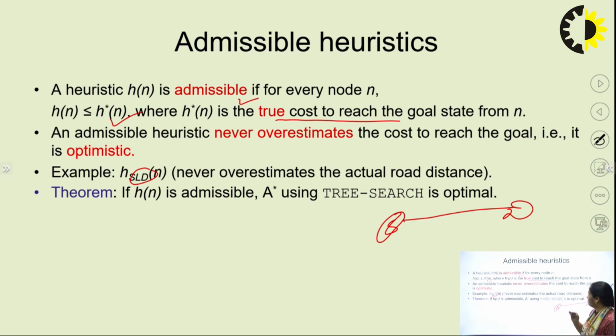Now the main point is, is A star optimal? If h(n) is admissible, then A star search using tree search will be optimal, definitely. In greedy best first we have studied that it is not optimal, but A star is optimal provided your heuristic is admissible.